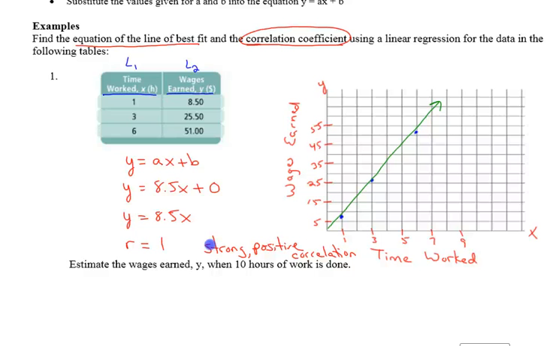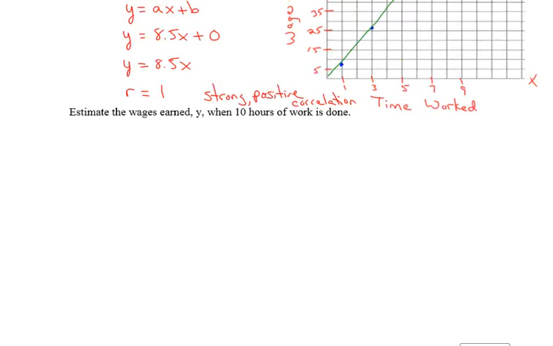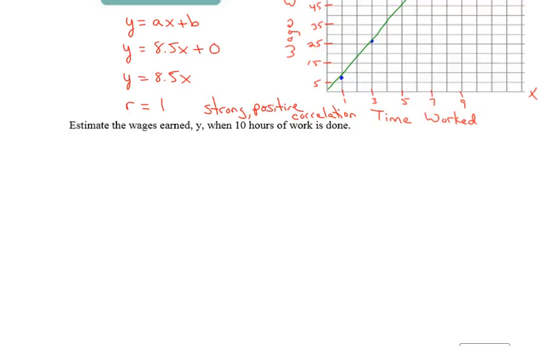Now, we use the line of best fit, or the linear regression, so that we can predict values in the future, or possibly values in between some of the ones that we were given in the table. So now what we're going to do is use our line of best fit to estimate the wages earned when 10 hours of work is done. Wages earned, remember, is y, and 10 hours of work was our x.